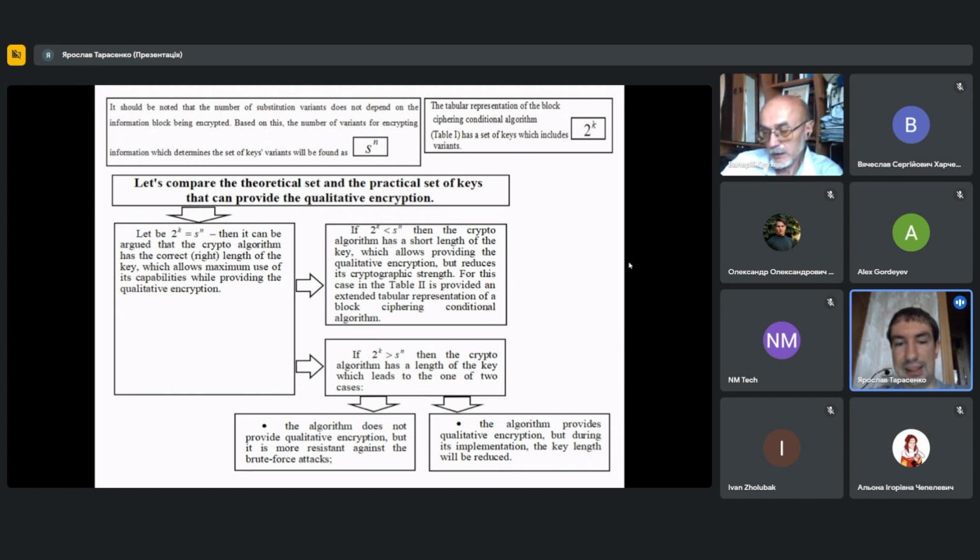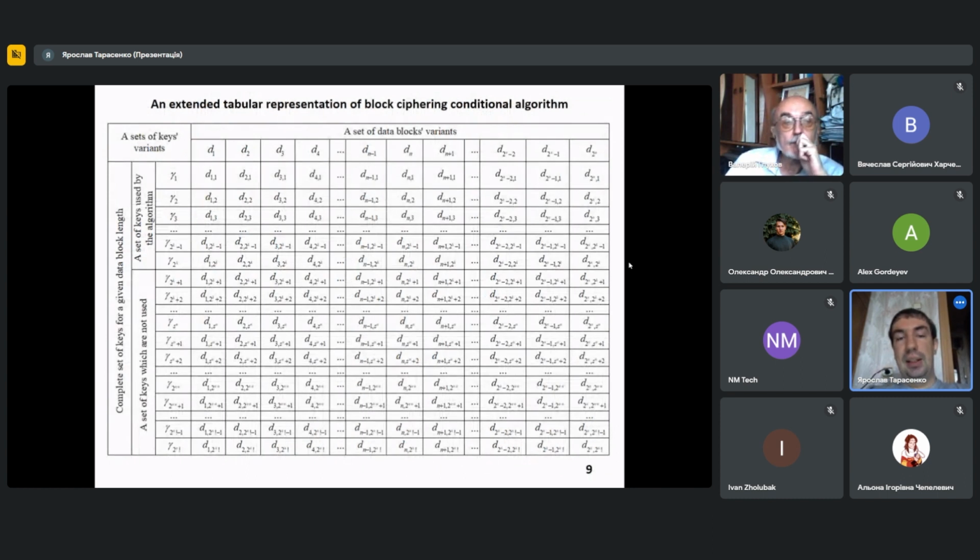In the one case, the algorithm doesn't provide qualitative encryption, but it is more resistant against brute force attacks. And in the second case, the algorithm provides a qualitative encryption, but during its implementation, the key length will be reduced. And on the next slide, you can see an extended tabular representation of block ciphering conditional algorithm, which was mentioned before.